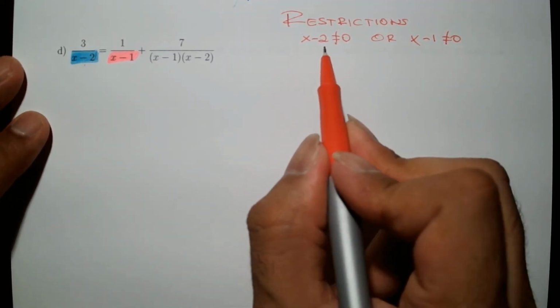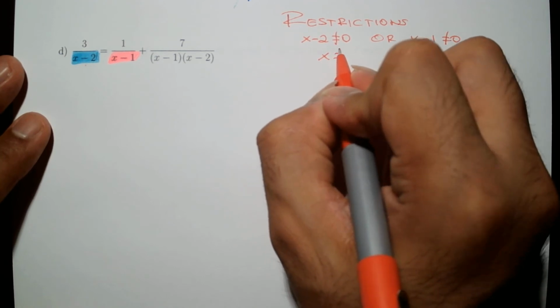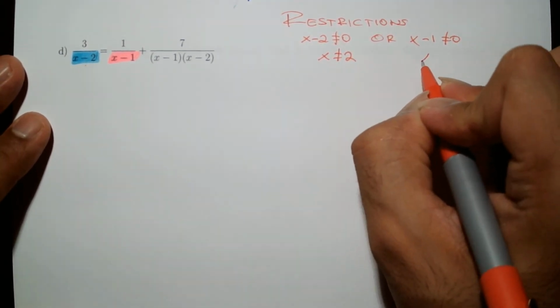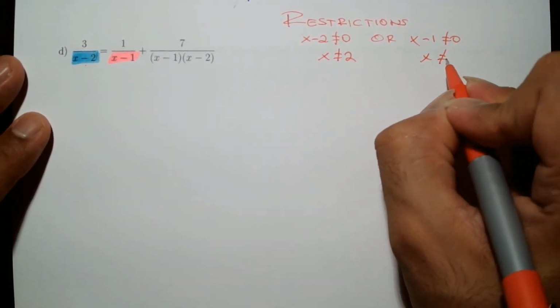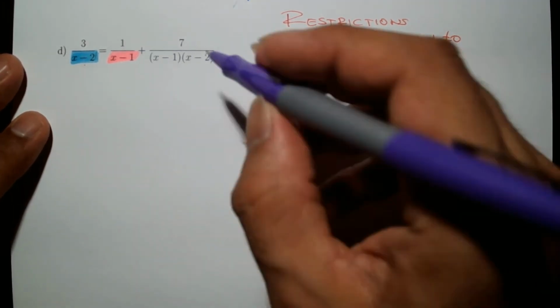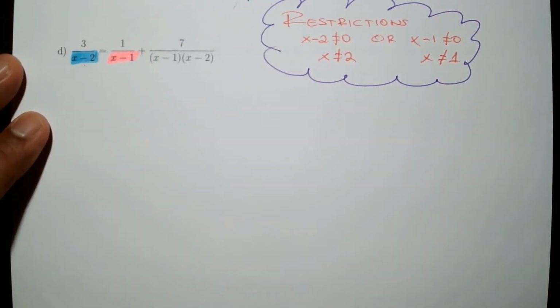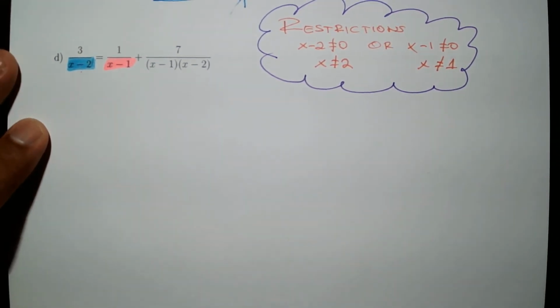If we solve these mini equations, x cannot be 2 or x cannot be 1. So these are our restrictions. Okay, keep this in mind.